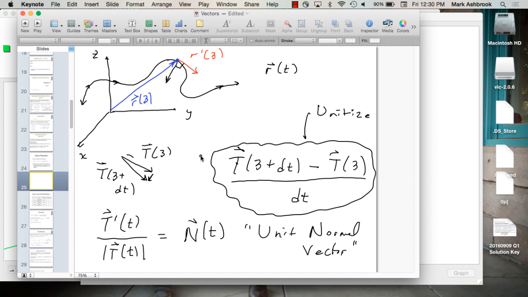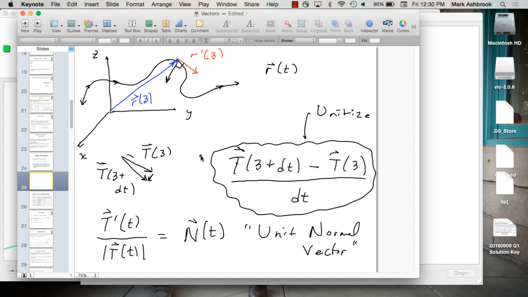Alex? So wait, is that r prime of t? Not quite. Well, kind of, but just considering the direction. Just the direction. Okay. So r prime is like acceleration, and this is the direction of acceleration just due to turning.